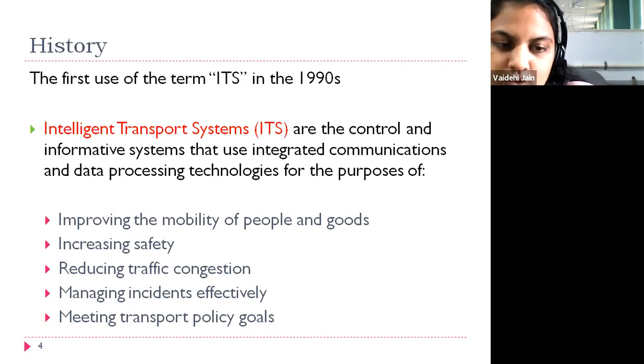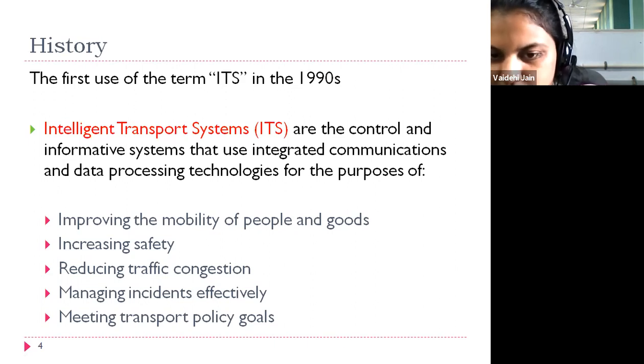Fine. So what is the basic purpose of the innovation or introduction of some type of technological system in transportation? The first is to improve the mobility of people and goods.